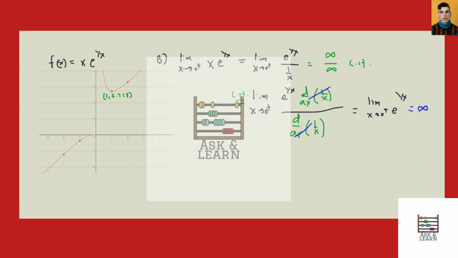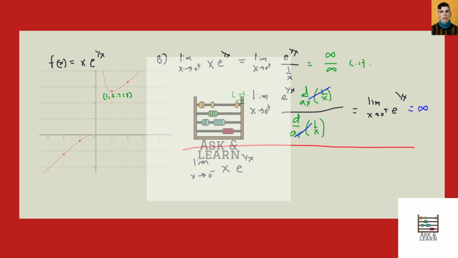Now for the next step, we're going to have the limit as x approaches 0 from the left. Let's first see what we get when we do this. The limit as x approaches 0 from the left is going to go to 0.